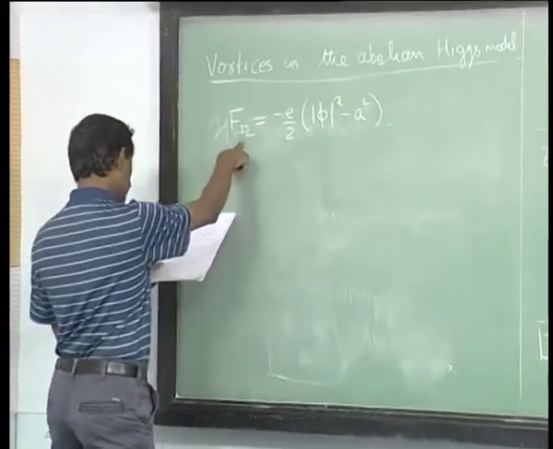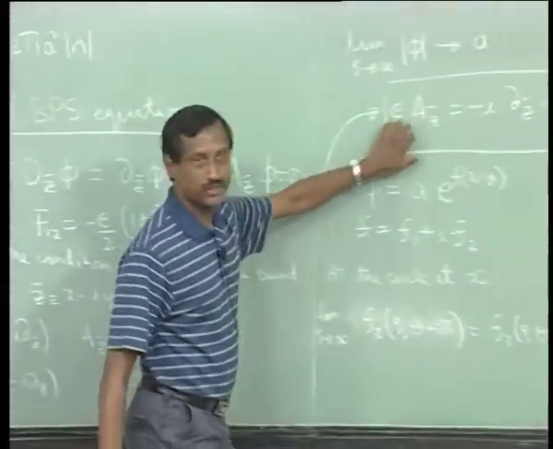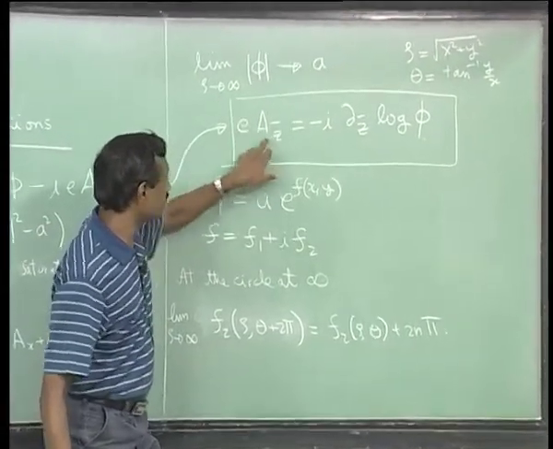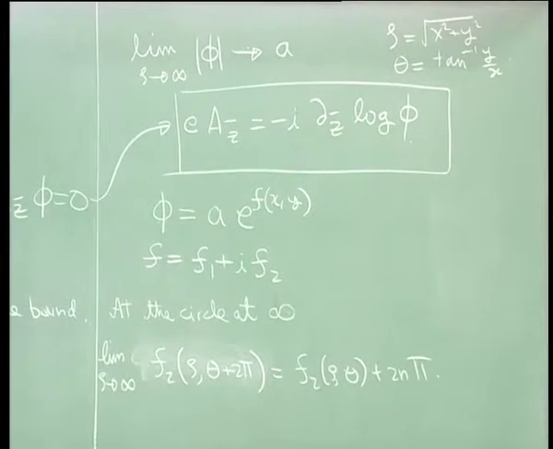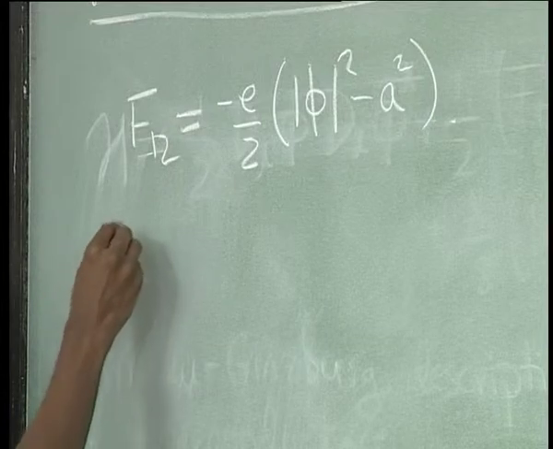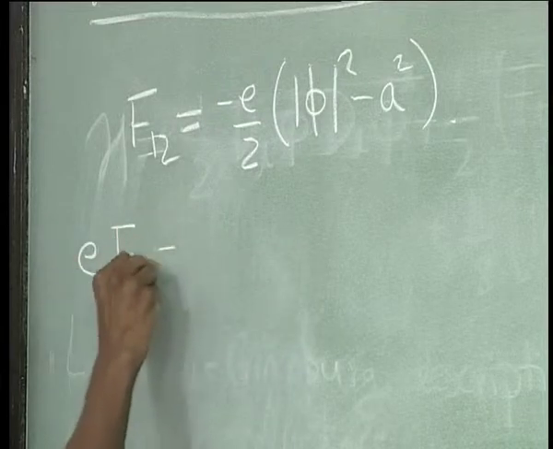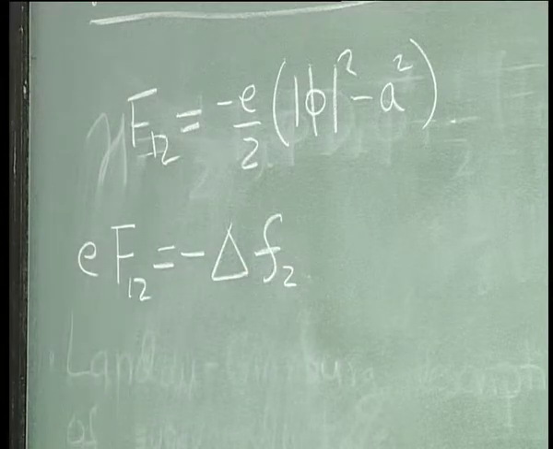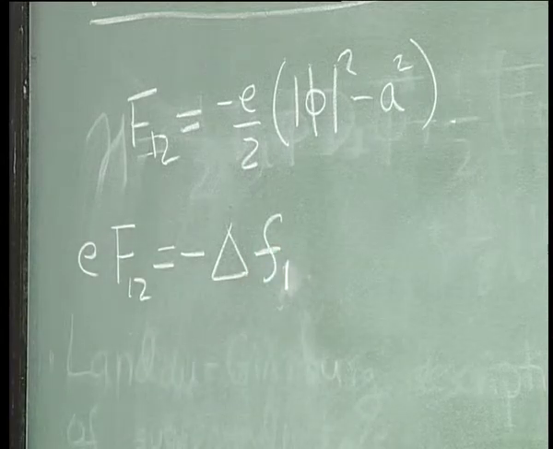But what we have to do is to write out what F12 is, so we need to take a derivative of this expression. You can see this already has one derivative. So for this you have to take dz of this thing. Okay. So you end up seeing that you are getting the Laplacian acting on log phi. So the equation that we get is the following. If you compute using that, you can show that F12 is minus Laplacian of F2, or F1.